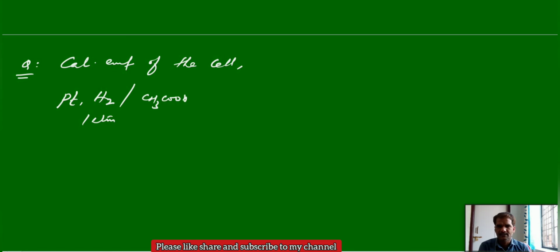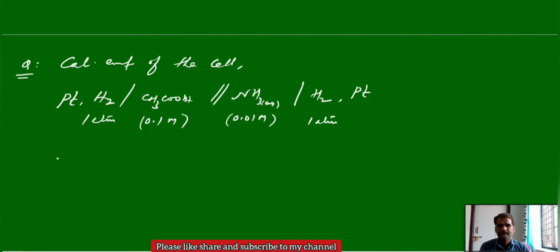Calculate the cell EMF of the following cell: platinum, hydrogen at 1 atmospheric pressure, acetic acid whose concentration is 0.1 molar, connected to ammonia whose concentration is 0.01 molar. Here ammonia means aqueous ammonia, connected to hydrogen gas at 1 atmosphere.